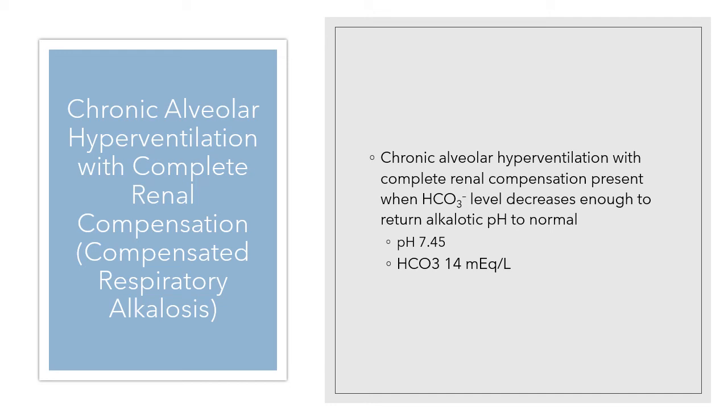For example, a pH would return to 7.45, just within the normal range, with a bicarb of 14 milliequivalents per liter in respiratory alkalosis.